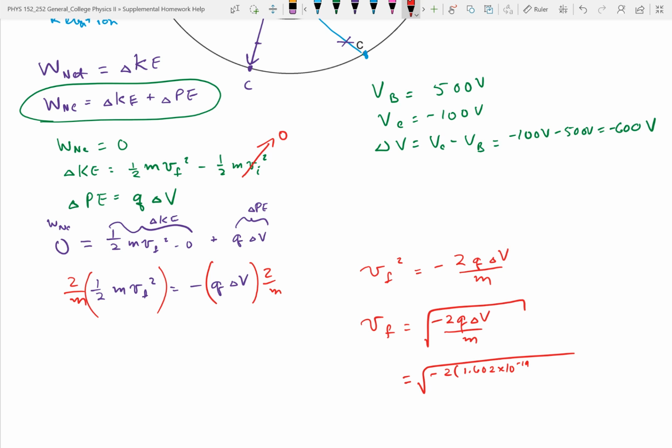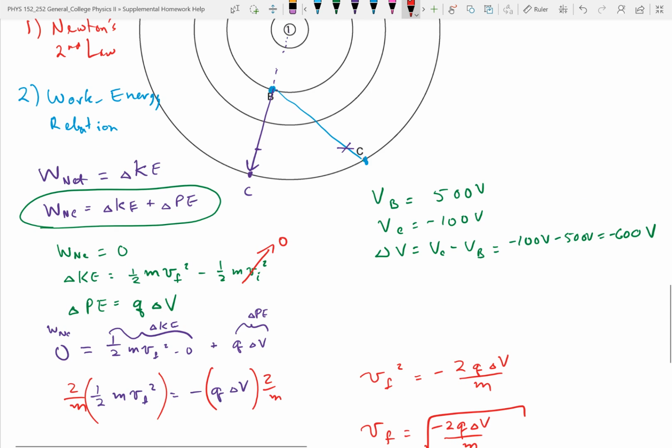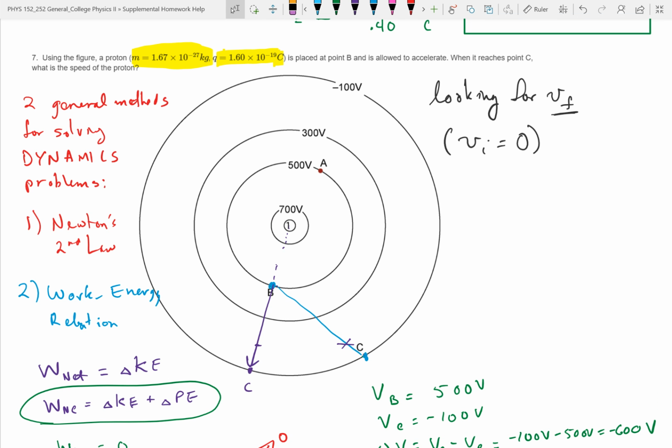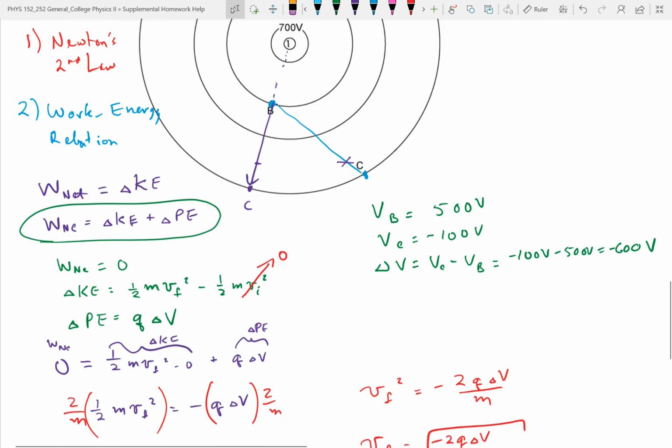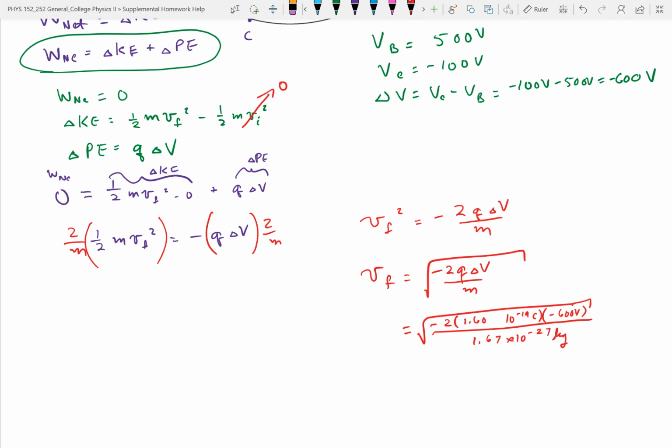Yes. And I think it told us what to use for the mass as well: 1.67 times 10 to the minus 27. And it says to use 1.60, so let's use that too, so we have the same answer as they do.